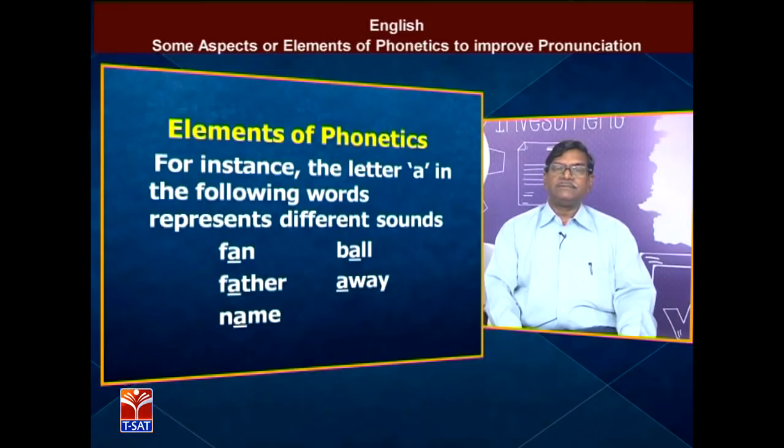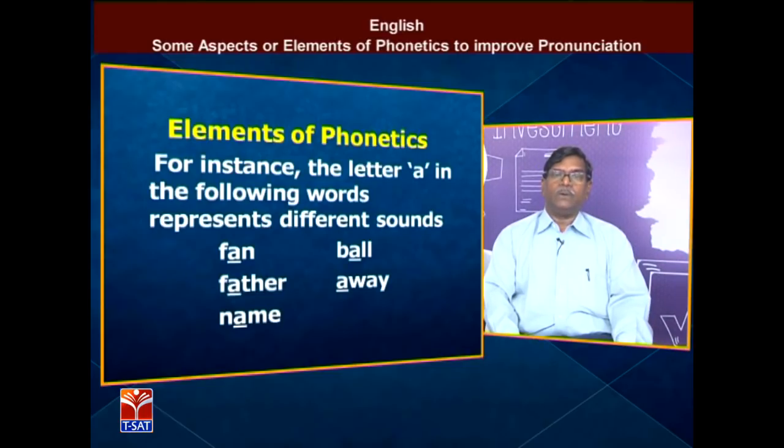So, that way, in the word fan, it represents the sound A, and in the word father, it is A, and in the word name, it represents the sound A, and in the case of the word ball, A represents the sound O, and in the case of the word away, the initial letter A represents the weak sound A. So, what are the different sounds the letter A represents?